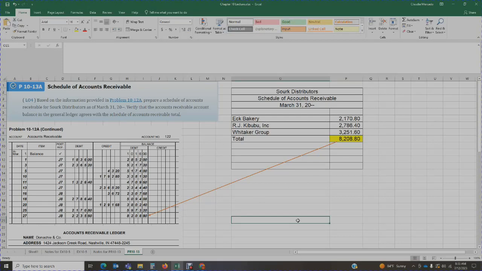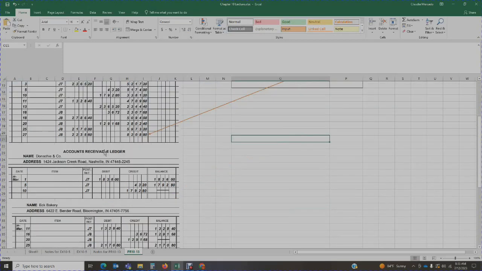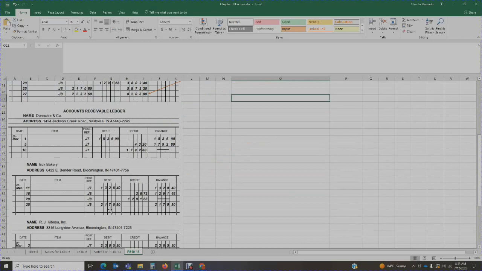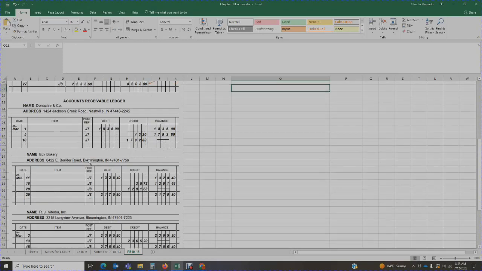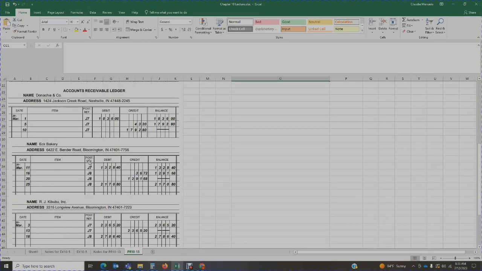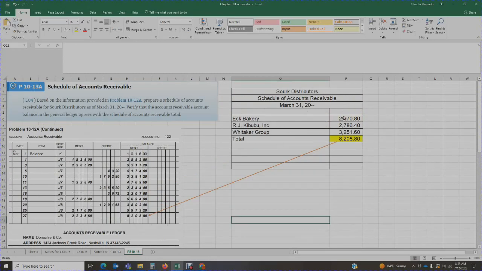Once you have your accounts receivable ledgers by customer, it's just transferring the ending balance, if they have a balance, to your schedule of accounts receivable, and that's all you do. Piece of cake. Very easy. Just make sure that at the end, your schedule of accounts receivable balances to your general ledger.